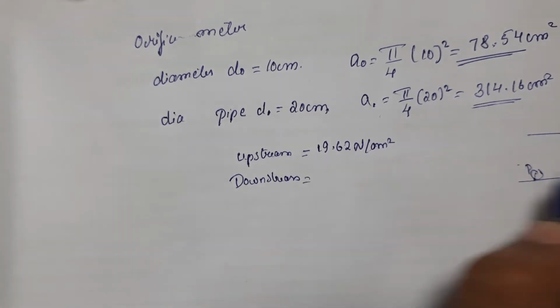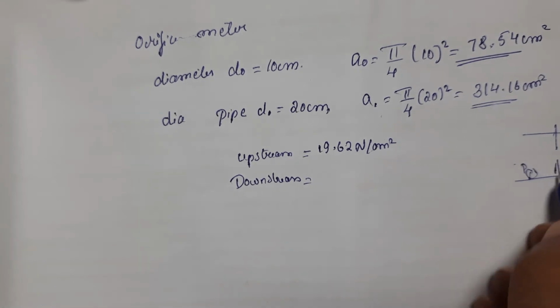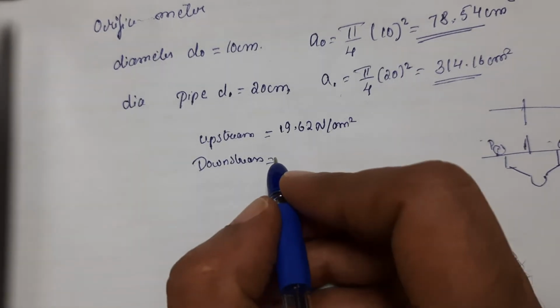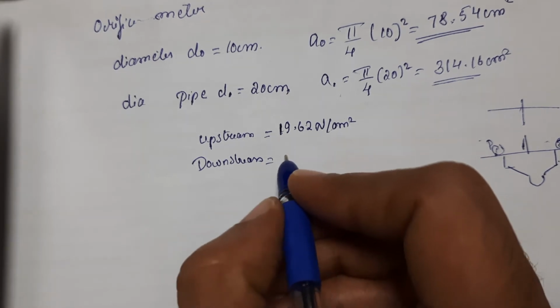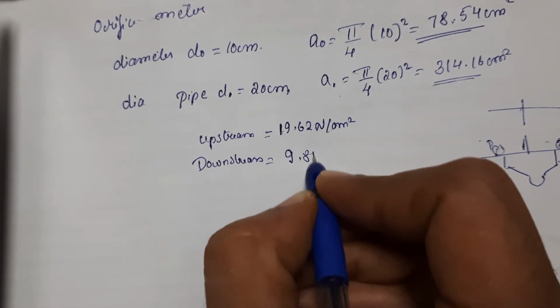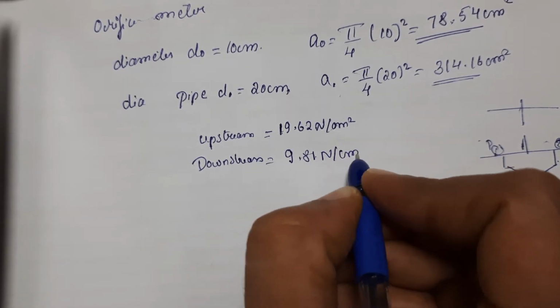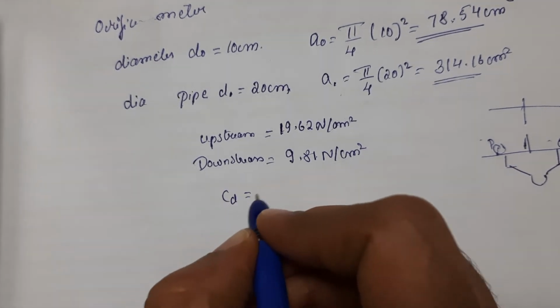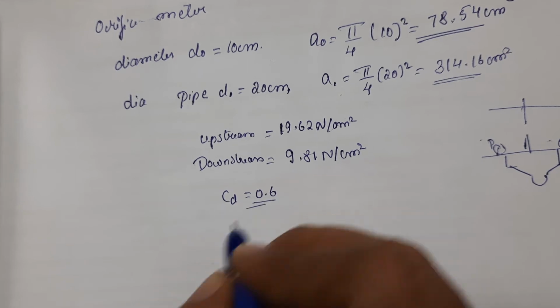And in the downstream at point 2, here the orifice plate is there, and here we have the manometer at point 2, the reading is 9.81 Newton per centimeter square. Okay, and coefficient of discharge will be 0.6.